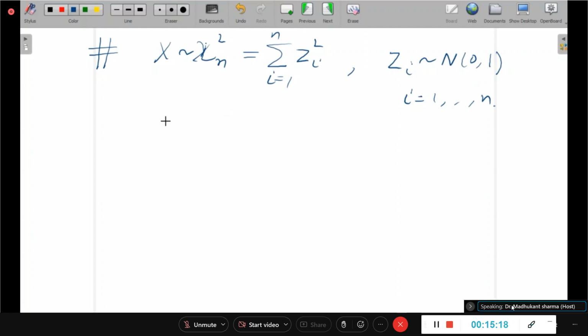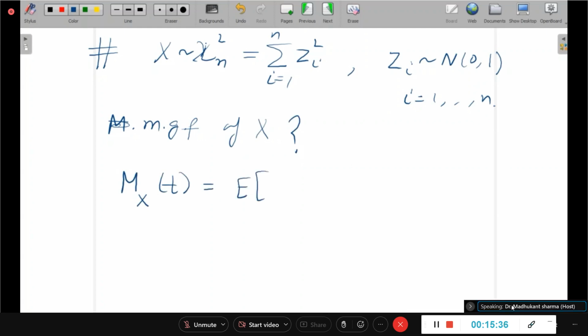So let's try to find the MGF of X. If you write it down, it is going to be the expectation of e to the power tX, which is equal to e to the power t chi-n square, and chi-n square is the summation i equals 1 to n of Zi square.